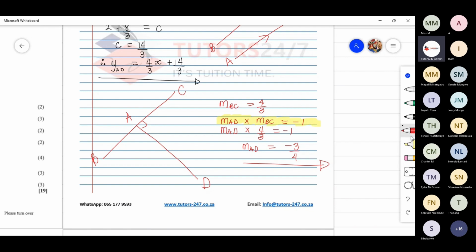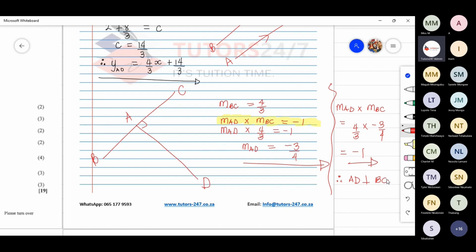So basically all you would do is say MAD times MBC and substitute: 4/3 times -3/4, and that gives you -1. That is showing or proving that they are perpendicular. Then you'll state, therefore, AD is perpendicular to BC. So that is the approach that we would take if these two lines were perpendicular.